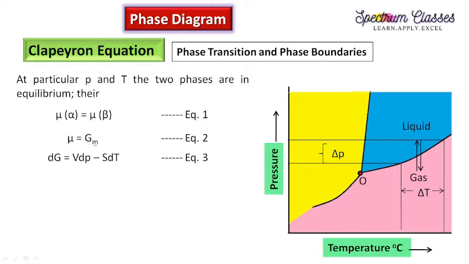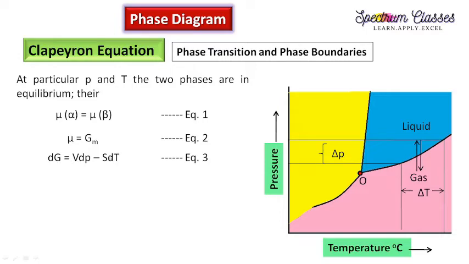As we all know, Gibbs energy in relation to the change in pressure and temperature can be written like this: dG, the change in Gibbs energy, is equal to V dP, change in pressure, minus S dT, where S is the entropy, dT is the change in temperature, and V is the volume.